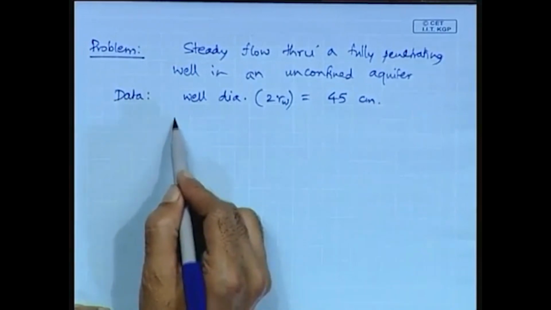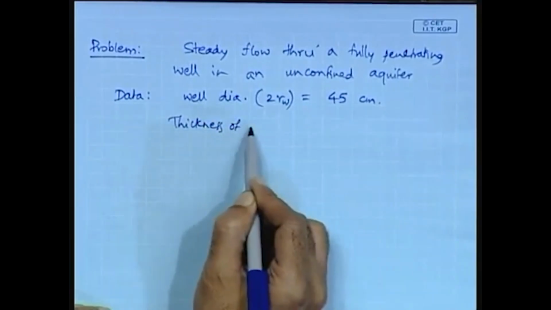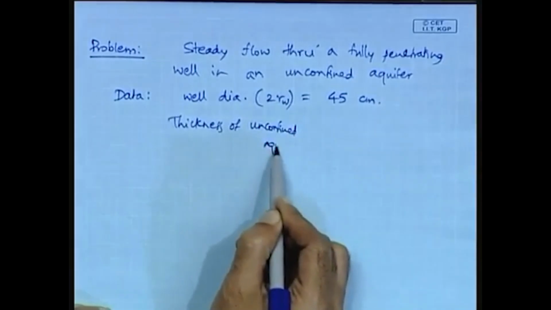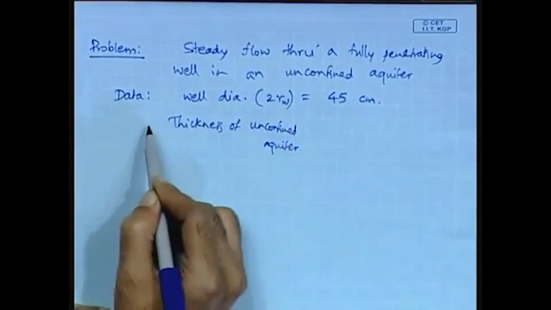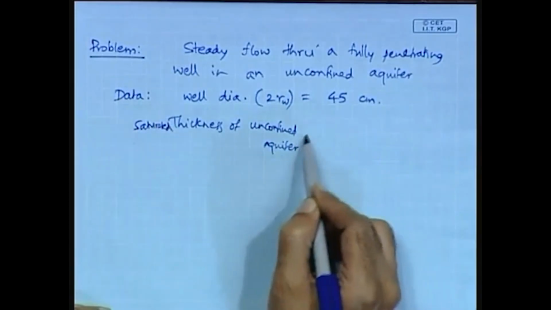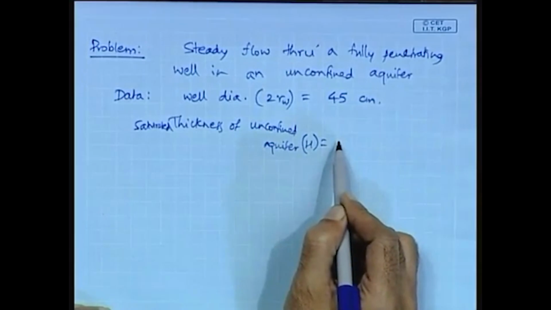Then the thickness of the unconfined aquifer, which is the saturated thickness, that is H, is 30 meters.